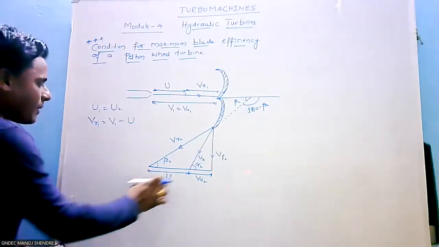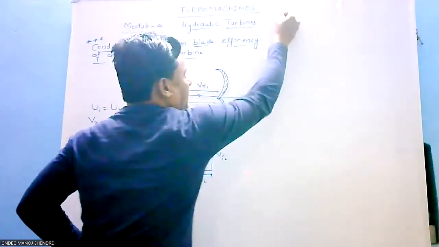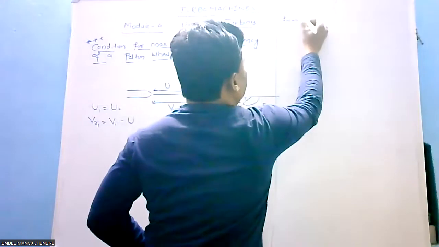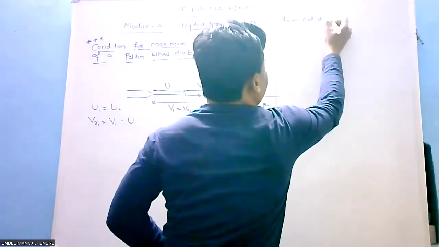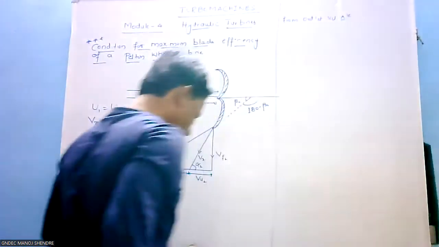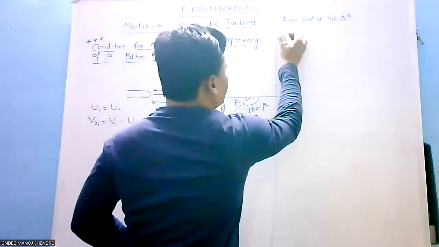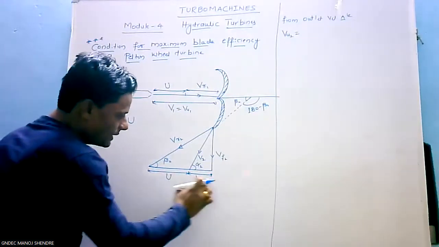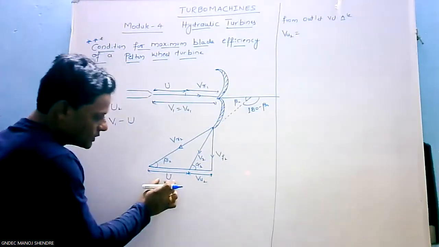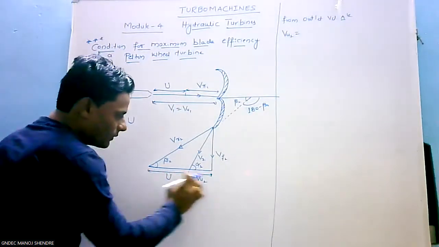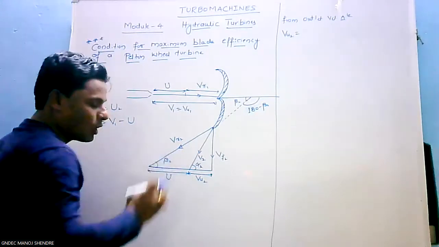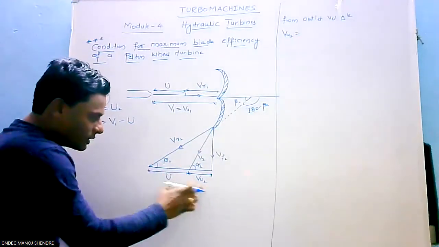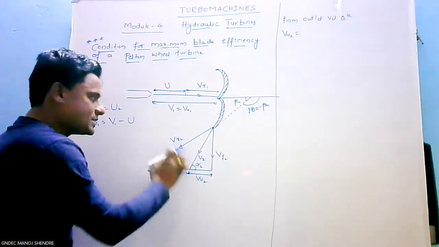Now, from the outlet velocity triangle, I can write Vu2 equals this complete velocity component minus U. This complete component can be written as VR2 cos beta 2, because in this right angle triangle, cos beta 2 is the total base divided by hypotenuse.